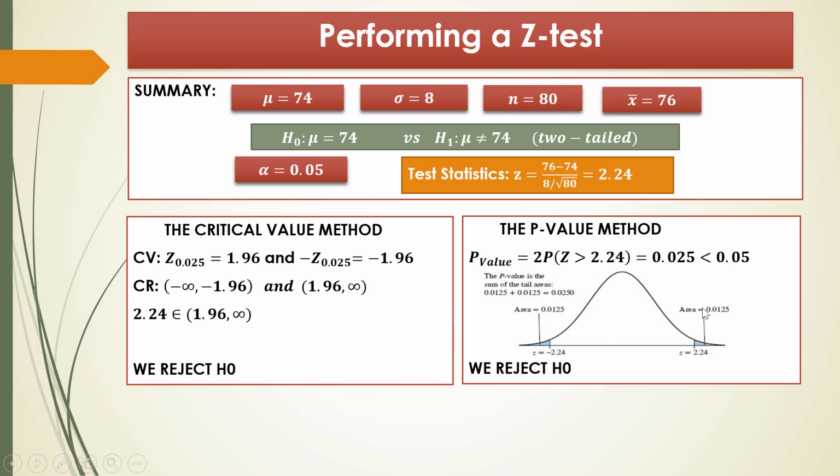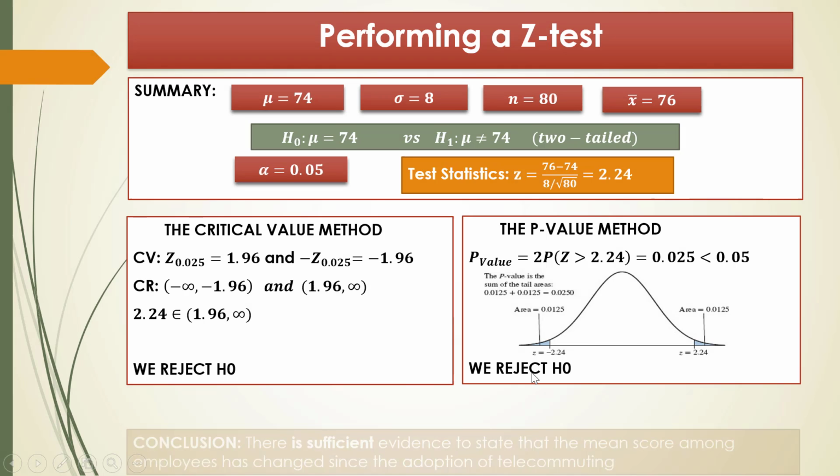So we see that the left tail area is 0.0125, the right tail area is 0.0125. So the total area of these two tails is 0.025. So the p-value is 0.025, which is less than 0.05. So we reject the null hypothesis.